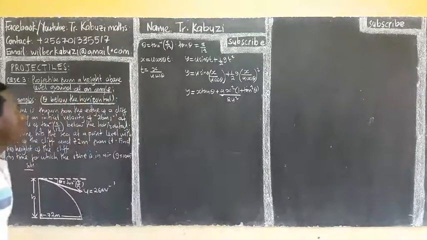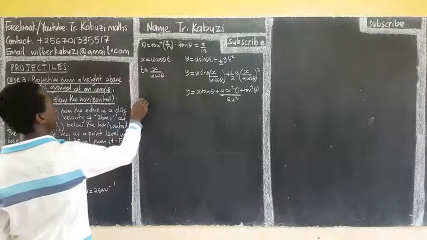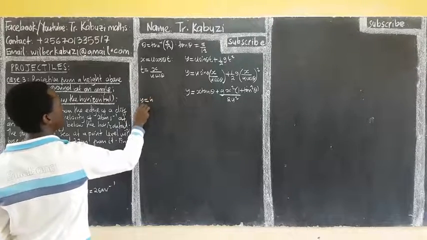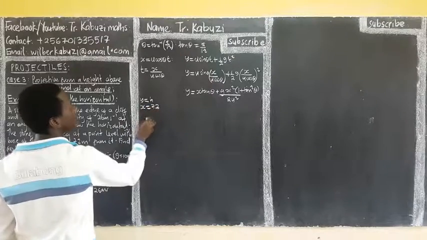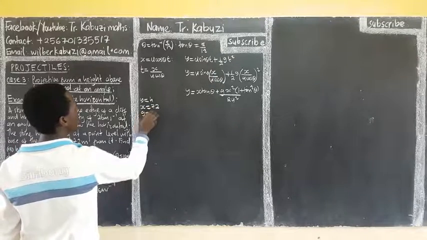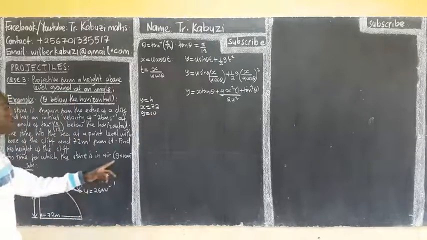From there, our y is going to be our h. Our x is the distance covered, which is 72. And then our g, the question is telling us to use 10.